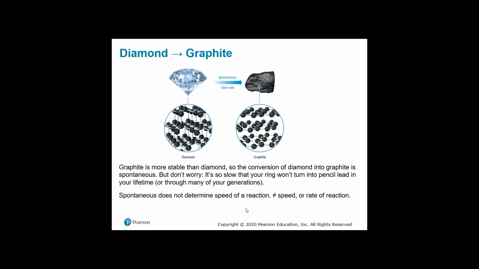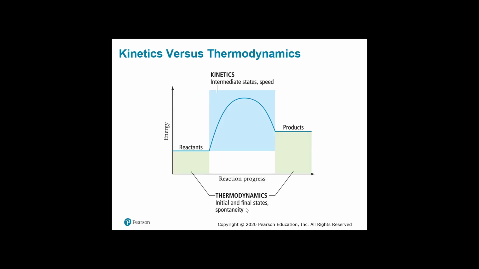So this is a good example to help you understand that we're dealing with a spontaneous reaction occurring, but not the speed or rate of it. The speed or rate has nothing to do with spontaneity. We just know whether it's going to happen naturally or not, but we don't know how long that's going to take. And speed has to do with kinetics. Kinetics has to do with intermediate steps and speed and activation energies.